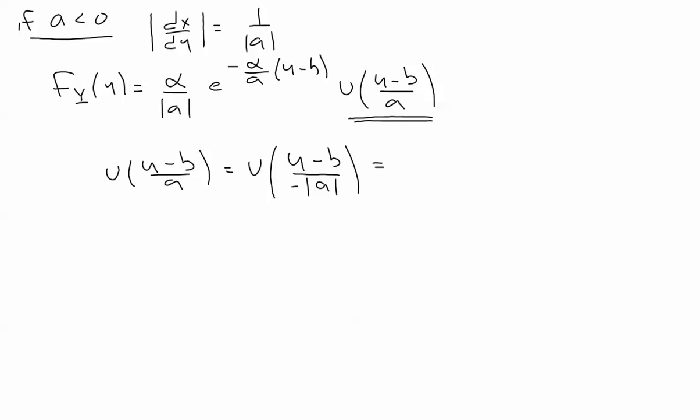And that can be written as u of b minus y over absolute value of a. Now we're dividing by a positive constant, which simply doesn't matter. And this can be simplified as u of b minus y.